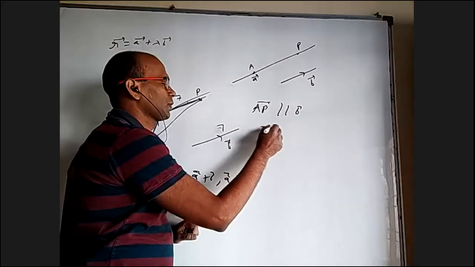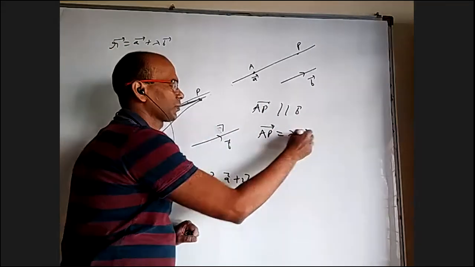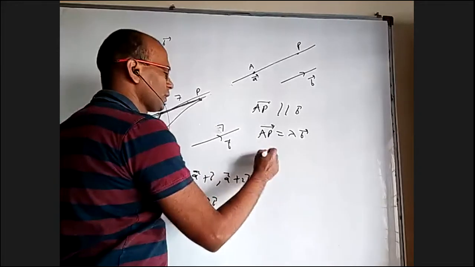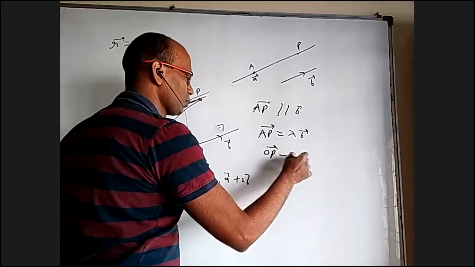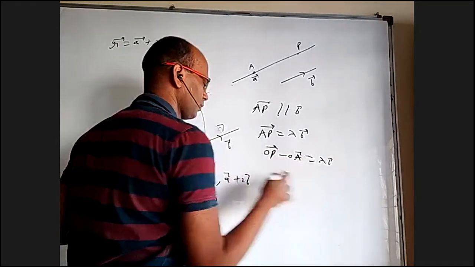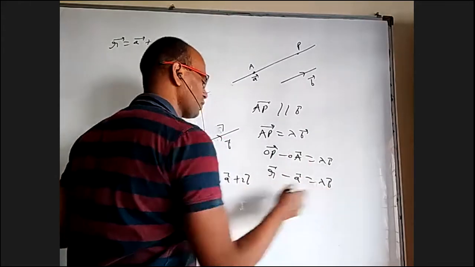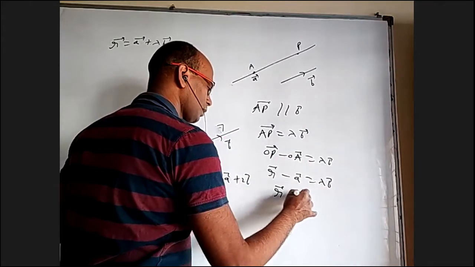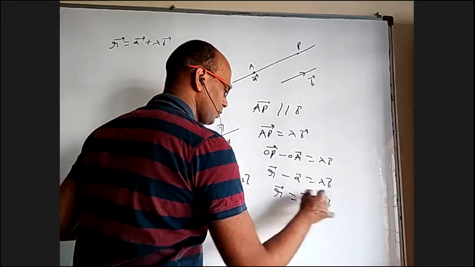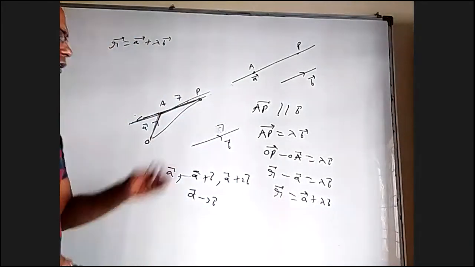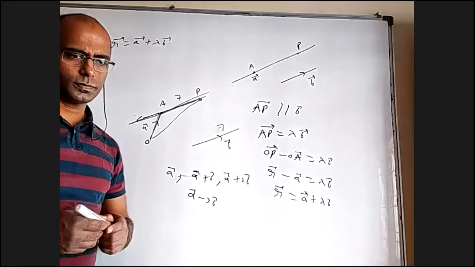So I can write AP bar equal to some lambda B bar. AP bar means OP bar minus OA bar equal to lambda B bar. OP bar is R bar, OA bar is A bar, so taking it to the other side we get R bar equal to A bar plus lambda B bar. Either this way or this way you can understand that.